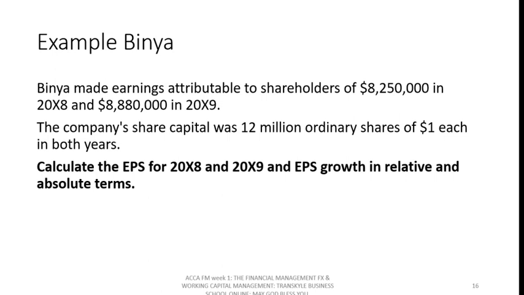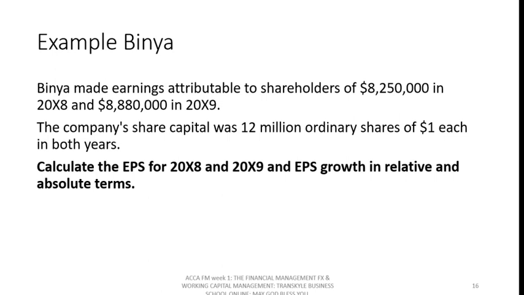One thing you have to know is when you're talking of relative growth, we are simply referring to the proportional growth, or growth presented as a percentage. But when you are talking of absolute terms, we want to know the actual increase in monetary terms, the actual amount.